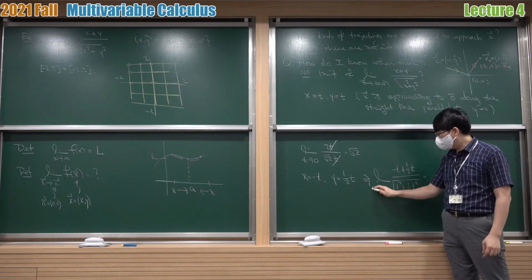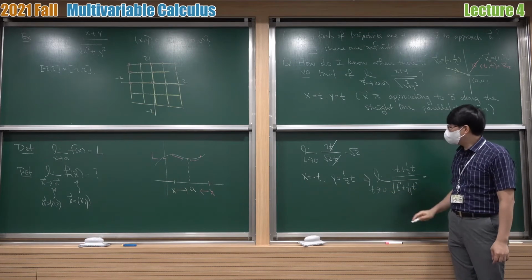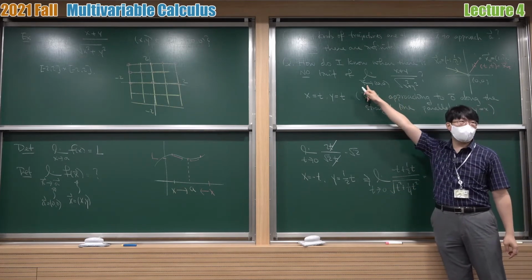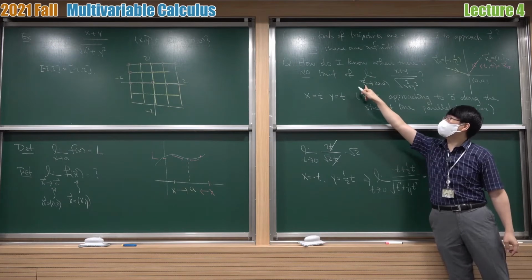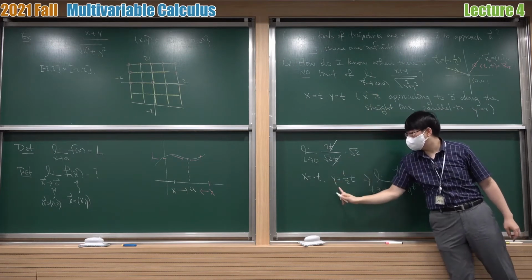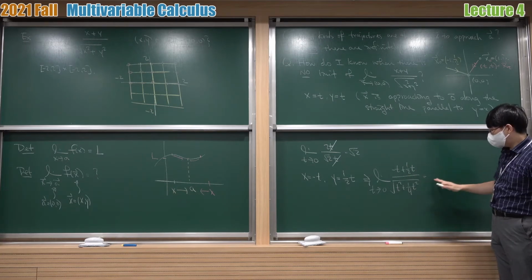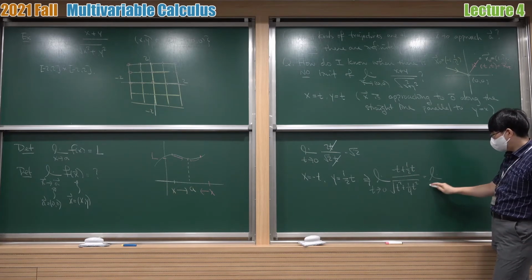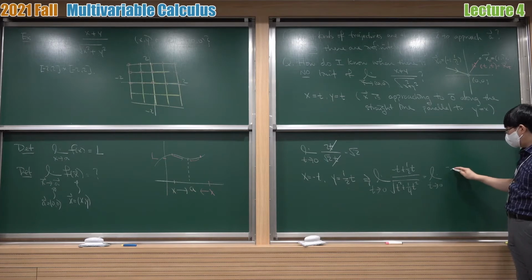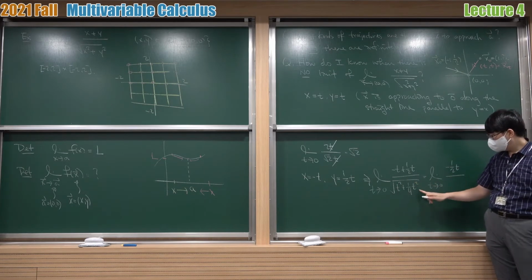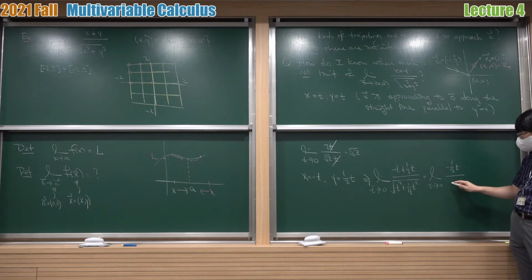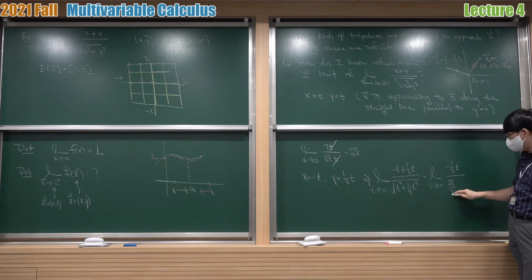So the limit is when t goes to 0. That's how we can make the point (x, y) approach 0. So let's do a computation here. So it's negative 1 over 2t. And how about here? We get square root of 5 over 2t.